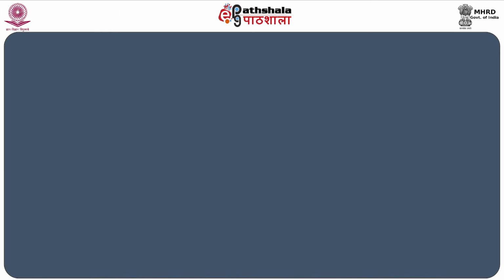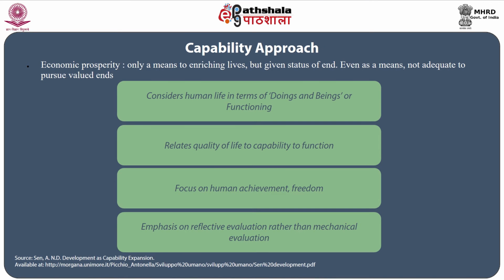And there are countries which have experienced growth in terms of GNP and also other quality of life indicators. Economic prosperity is only a means to enriching people's lives, but given the status of an end, even as a means, economic prosperity alone is not adequate to pursue well-intended ends.